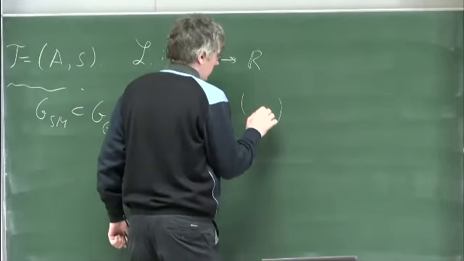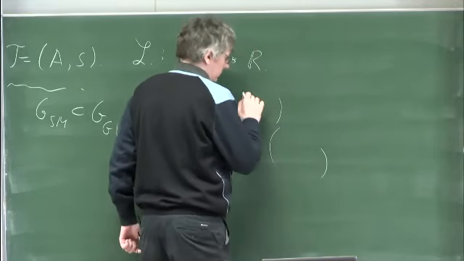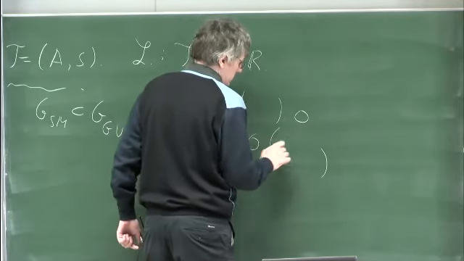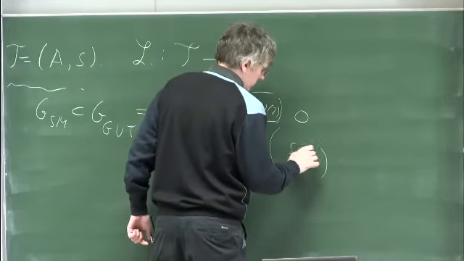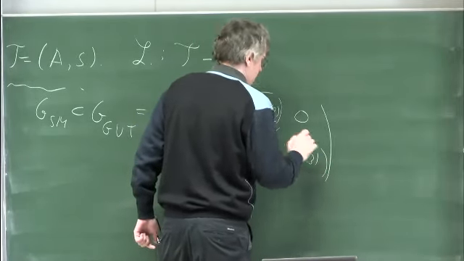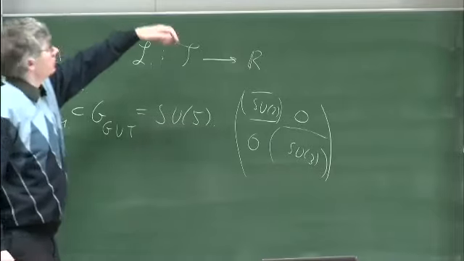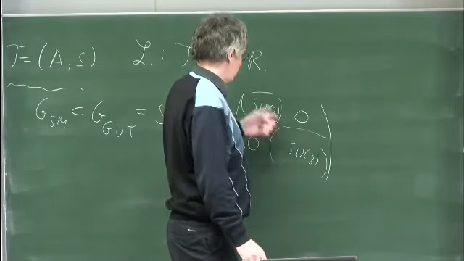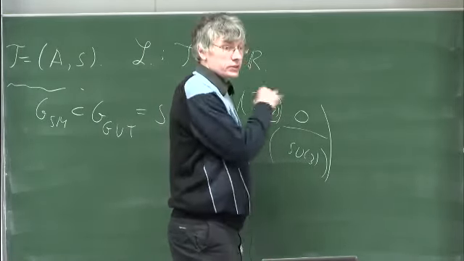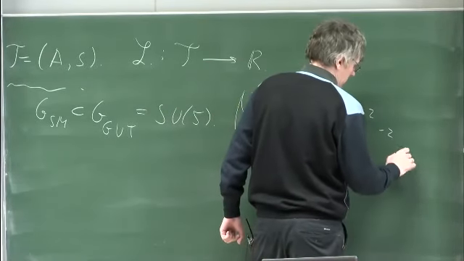You take 2x2 matrices, 3x3 matrices, and embed them as these kinds of blocks. So this is SU2, this is SU3, and the U1 could be embedded into this guy, so it would commute with these two blocks and still be in SU5. So the exponent of this embedding is this.